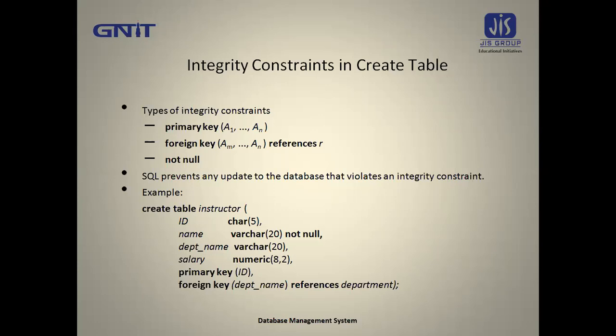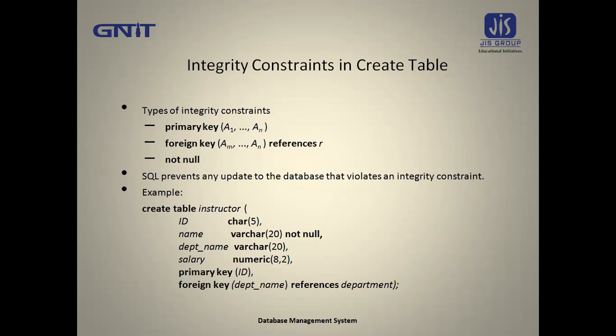So we are putting a constraint that ID should be unique for every instructor. And we write foreign key department name references department. Department was another relation, and in that relation, department name was the primary key.